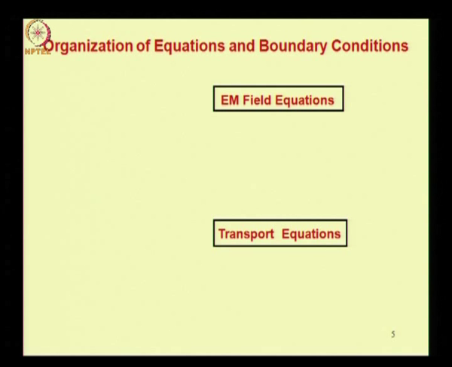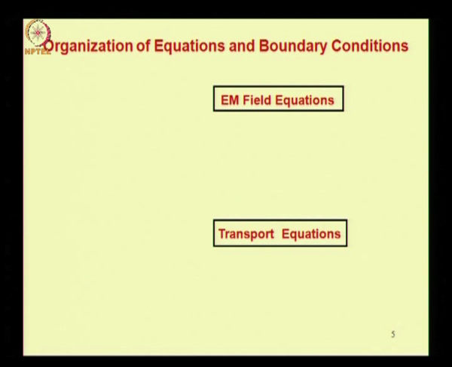So the two sets of equations are electromagnetic field equations and transport equations. The electromagnetic field equations give you the electric field and the magnetic flux, and also the force on an electron due to these two, and these then help to drive the current.